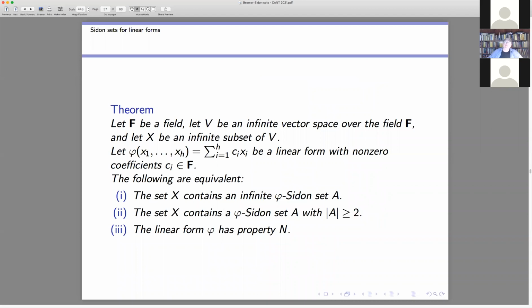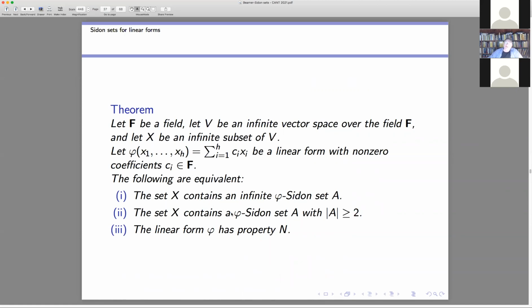The theorem says the following: take a field F, and again, take the rationals. Let V be a vector space over F, or you can let V be the rationals. Let X be an infinite subset of V; you can let X be the integers. And you take a linear form with non-zero coefficients, which can be rationals or integers. The following are equivalent. One: X contains an infinite phi Sidon set. Well, one implies two isn't hard.